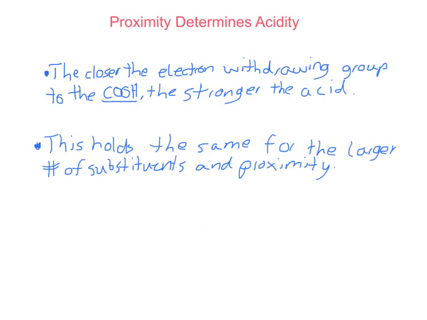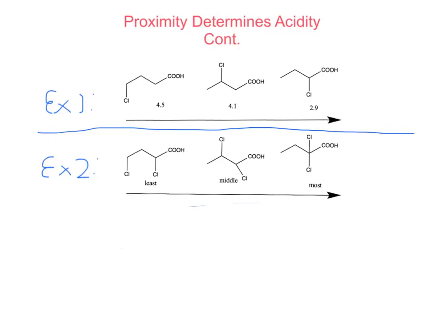When we're talking about the inductive effects in aliphatic carboxylic acids, another aspect that helps determine this is the proximity of the electron withdrawing group to the carboxylic acid. The closer the electron withdrawing group is to the carboxylic acid, the stronger the acid becomes. This holds the same for the larger number of substituents and their proximity to the carboxylic acid. The first example here shows the proximity of an electron withdrawing group to the carboxylic acid.